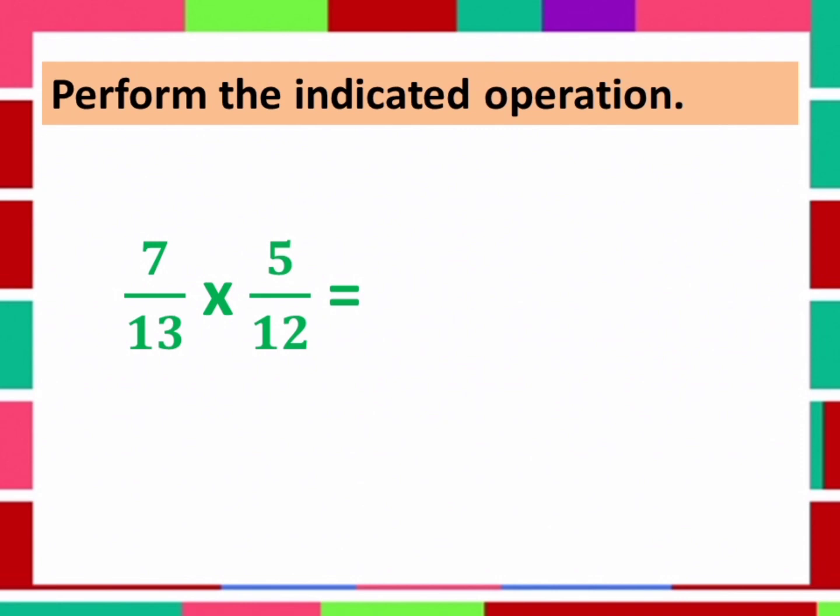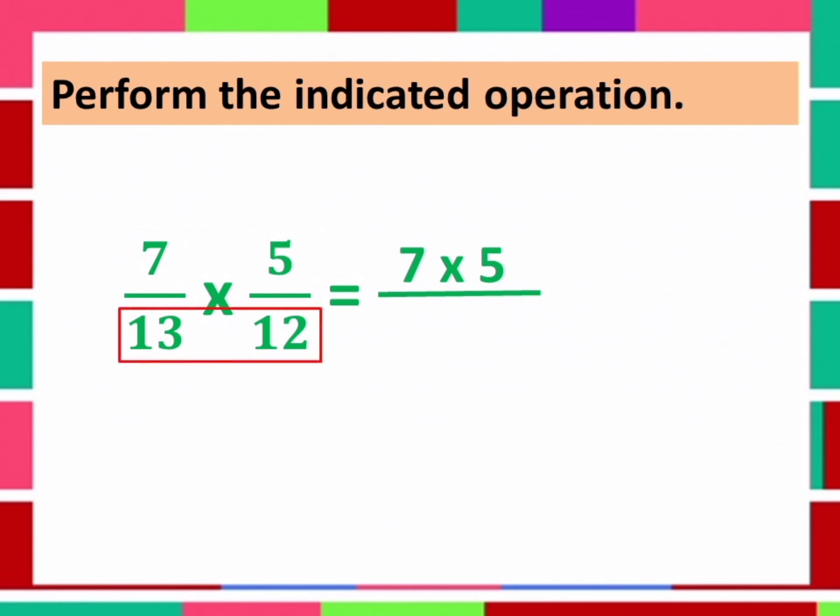As I said, in multiplication of fractions, multiply the numerators to get the numerator of the product and multiply the denominators to get the denominator of the product. So, 7 times 5 over 13 times 12.